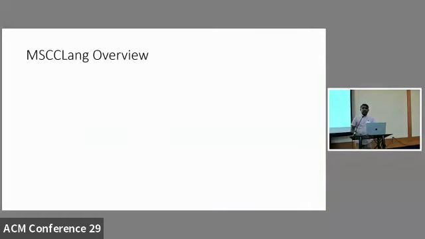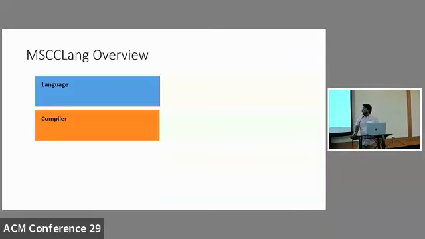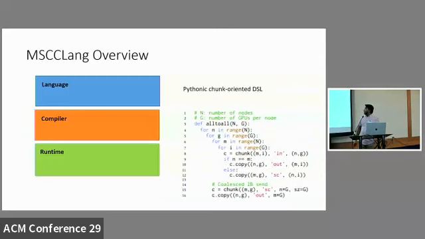A brief overview of our work. We have a language, compiler, and a runtime. Our language is a high-level DSL that is Pythonic, so it is a valid Python program. And it's chunk-oriented. I'm sorry for the font here.